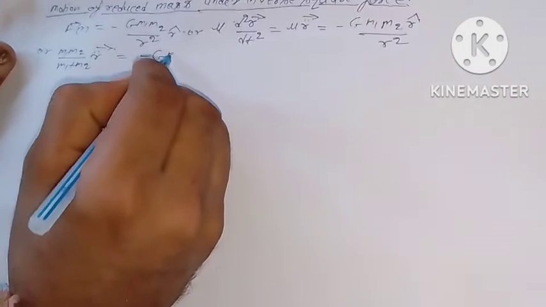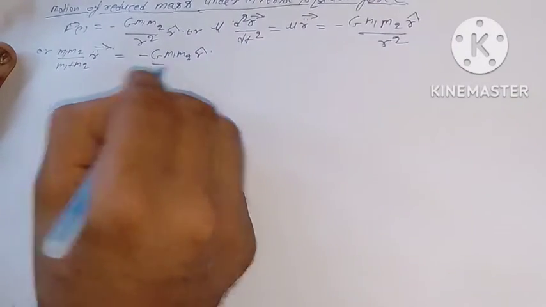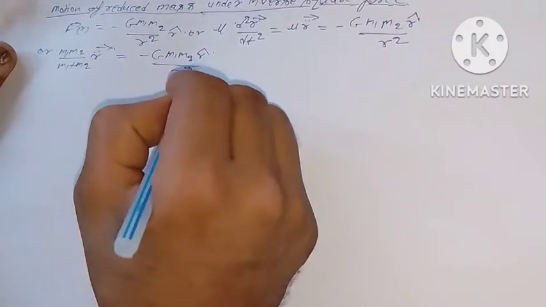Okay, mu is m1 m2 upon m1 plus m2, times the double derivative of r vector, equals minus G m1 m2 unit vector r upon r square.